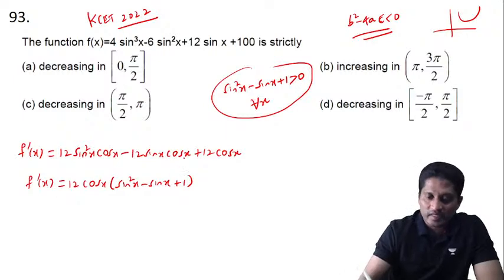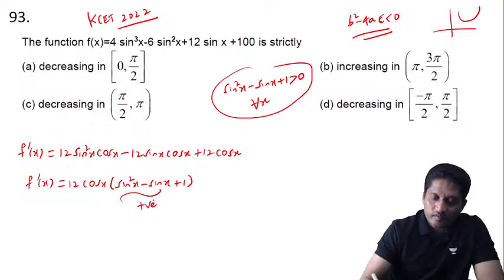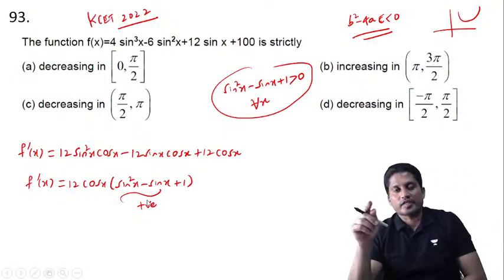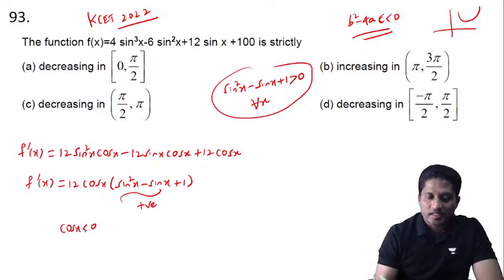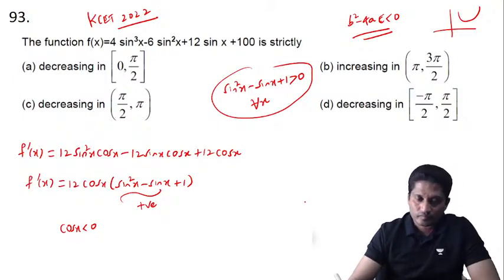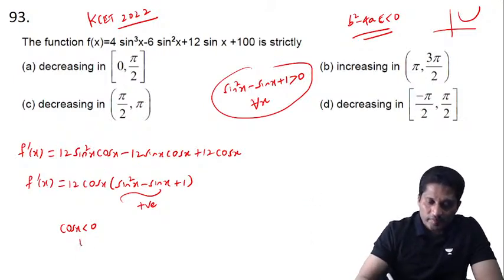So he says strictly increasing or decreasing. Okay, let me write here only. So this is always positive. Now the sign of f dash of x will depend on cos x only. Now if cos x is negative, cos is decreasing according to the options. Cos is decreasing in pi by 2 comma pi.